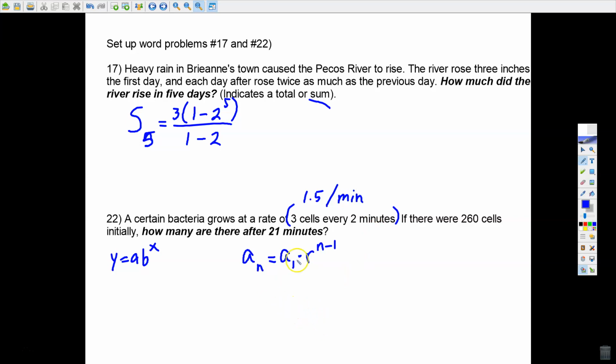We want to know basically what is the 21st term. So a sub 21 is going to be taking the first term, and we're told that there were 260 cells initially, so 260 is our first term. And our rate of growth, the common ratio r, is 1.5. And then the exponent will be 20. All right, so I'll let you take it from there and see if you can come up with your final answer.